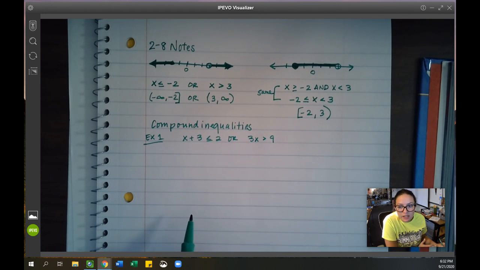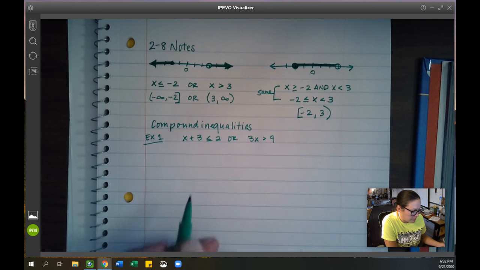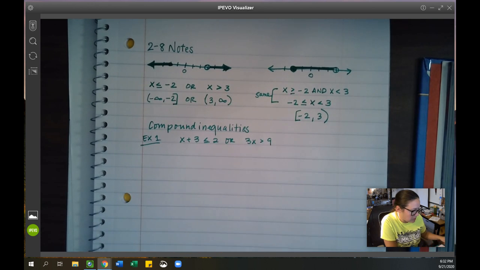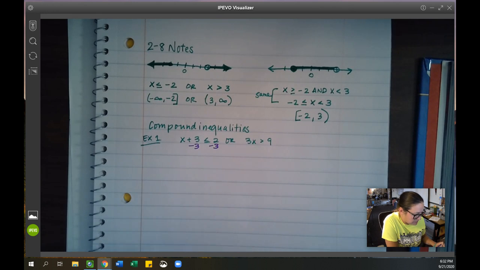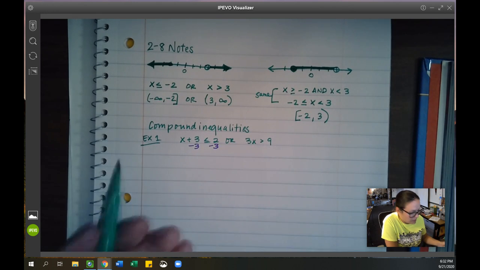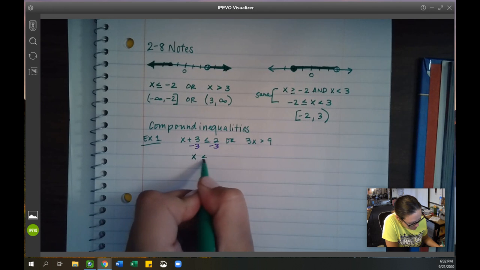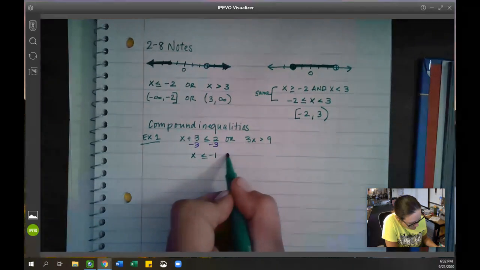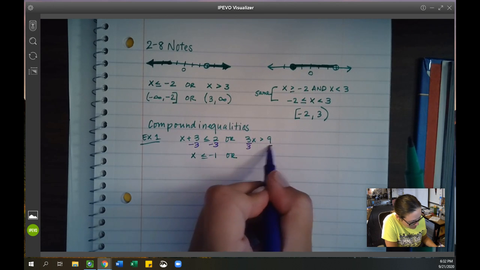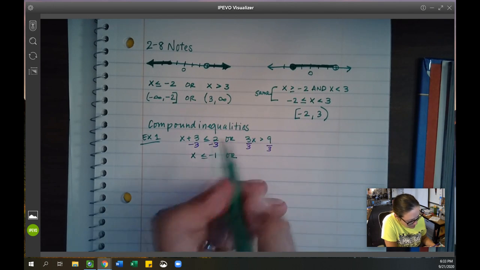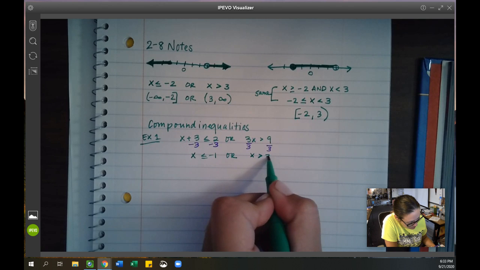Basically, we're just going to solve these individually. So just like I normally would, I'm going to subtract 3 from both sides. And that gives me x is less than or equal to -1. Or, here I'm going to divide by 3. x is greater than 3.